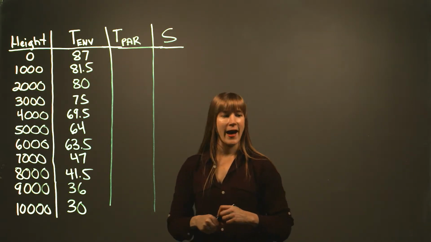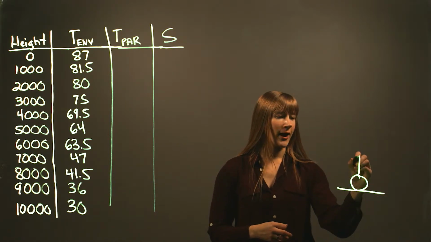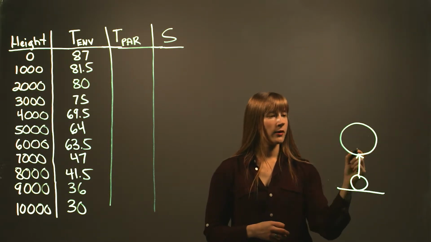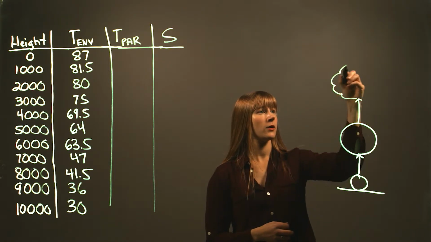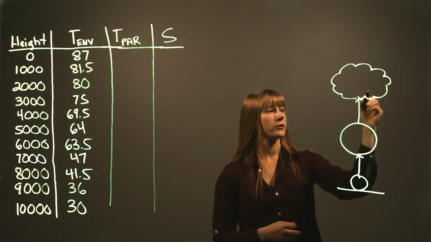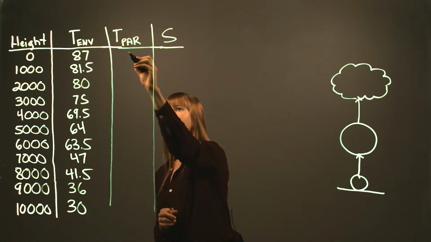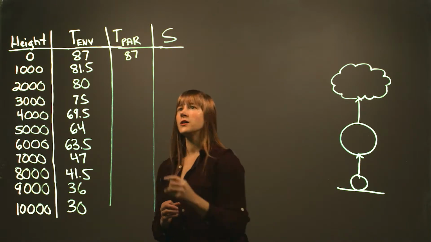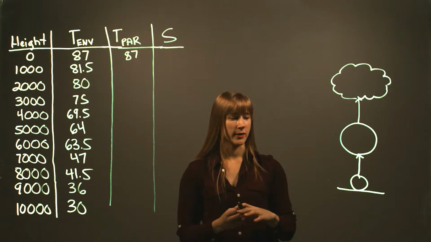Now, we're going to go back to that air parcel that started next to the ground, expanded as it rose, and eventually maybe it'll form a cloud. We're going to imagine that that air parcel started at the ground with the same temperature as its environment.